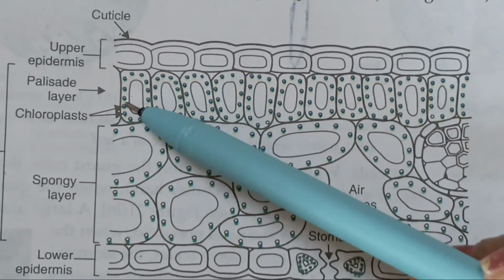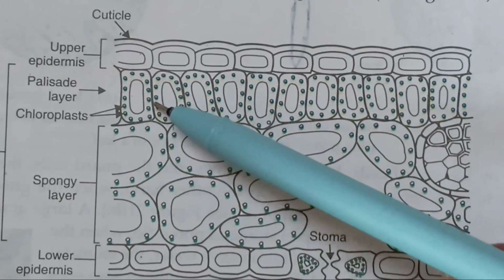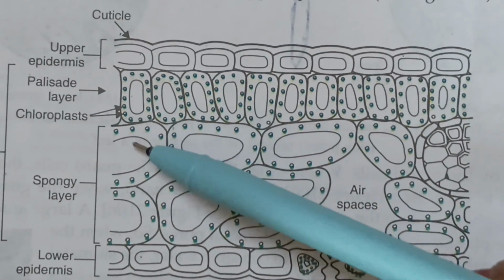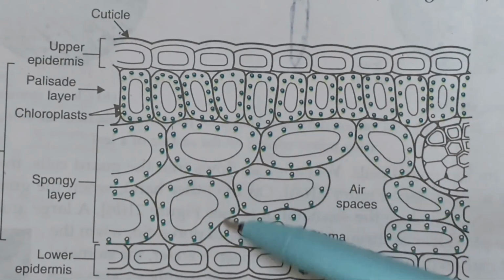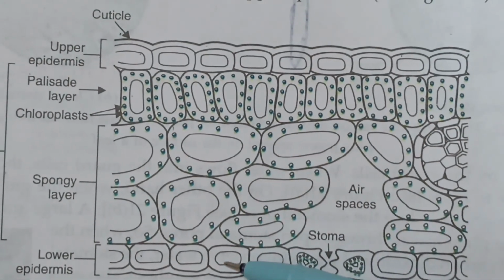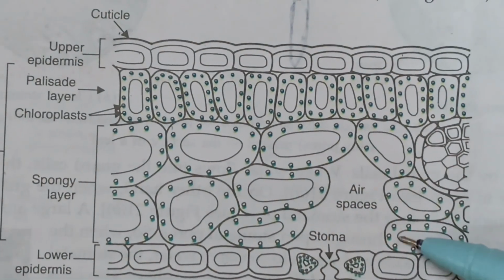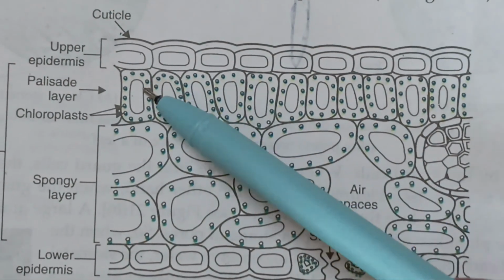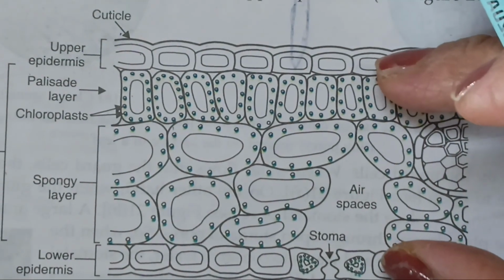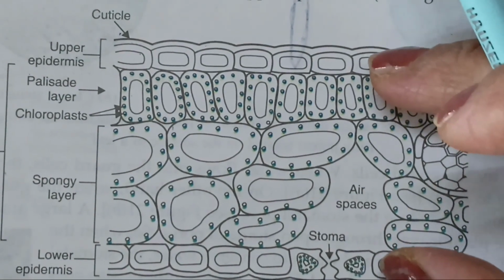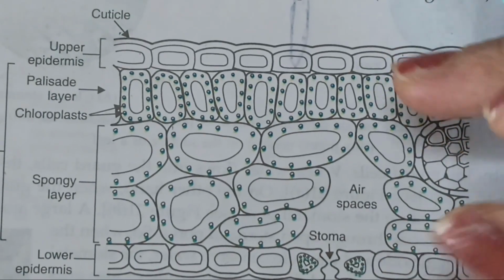Palisade tissues are there where you can see a lot of chloroplasts. Okay, and here is the spongy layer. In between this lower epidermis and palisade layer there is spongy layer, and this palisade layer and spongy layer is the site where many chloroplasts are there, right.